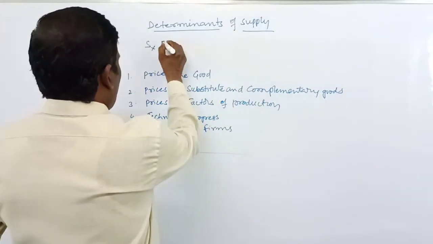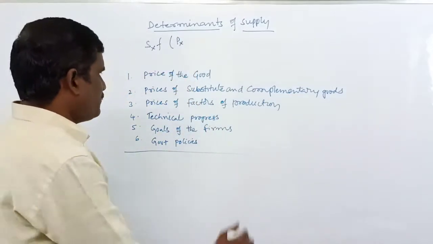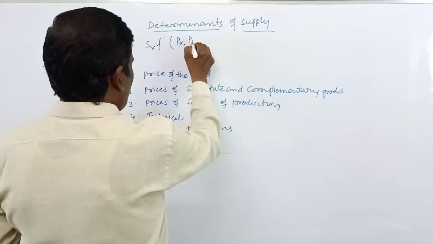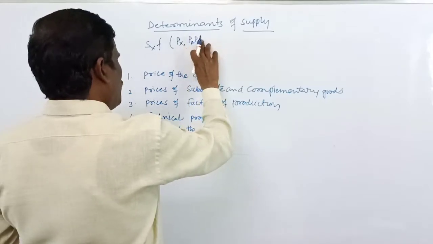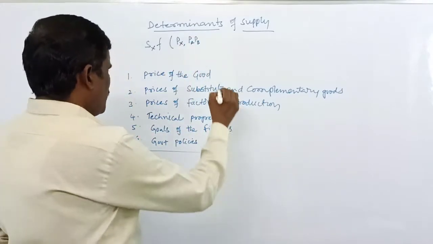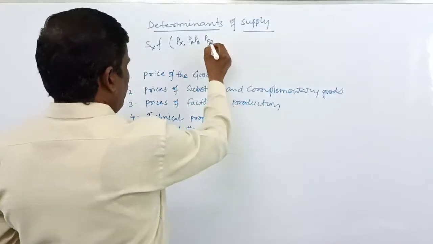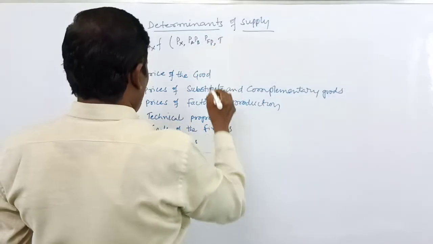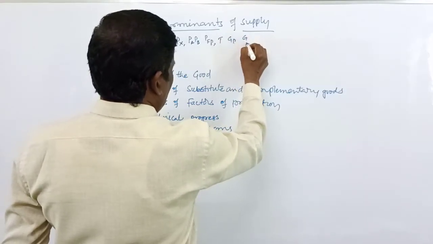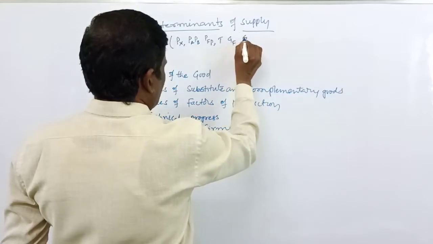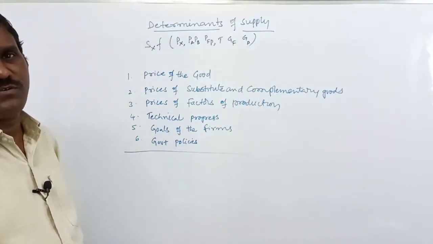Sx is a function of the price of X commodity, prices of other goods, A good and B good, prices of factors of production, technical progress, goals of the firms, and governmental policies. These are the determinants of supply.